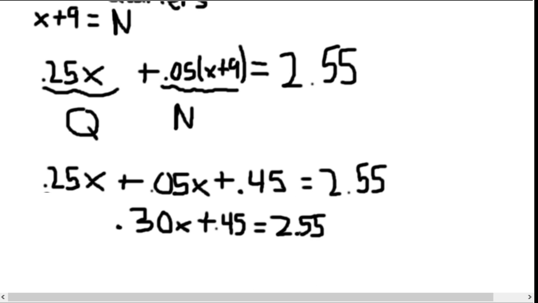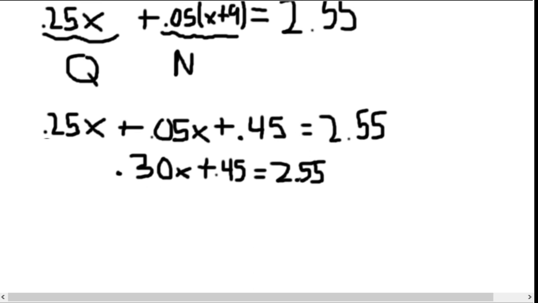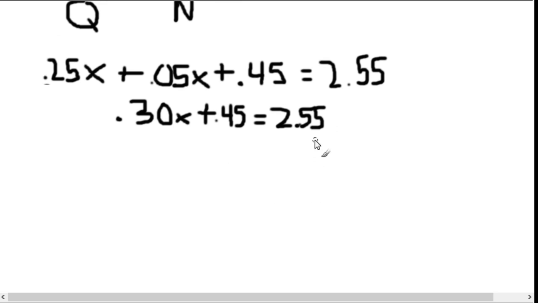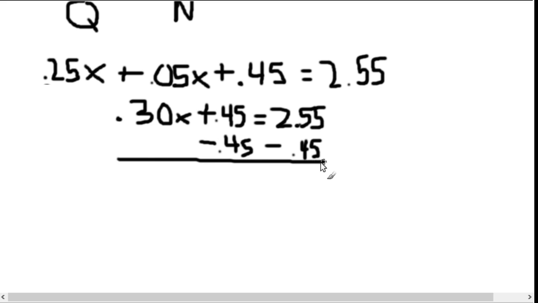From here we can solve this equation. I'm going to subtract the 0.45 from both sides, and that gives me 0.30x equals 2.10.